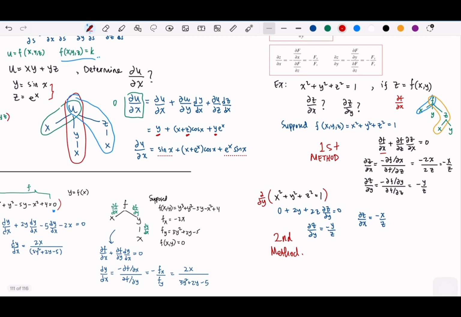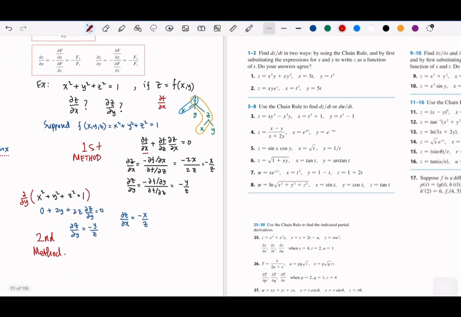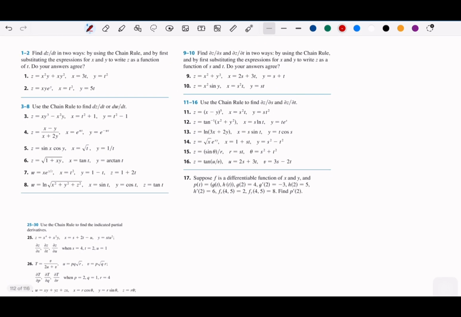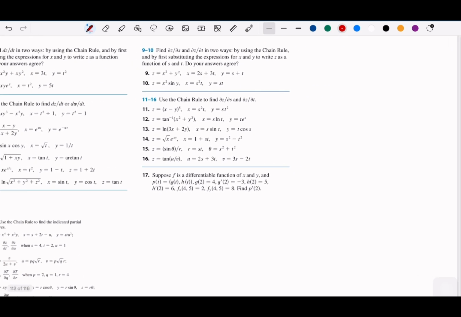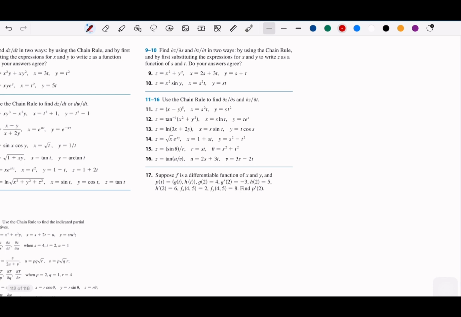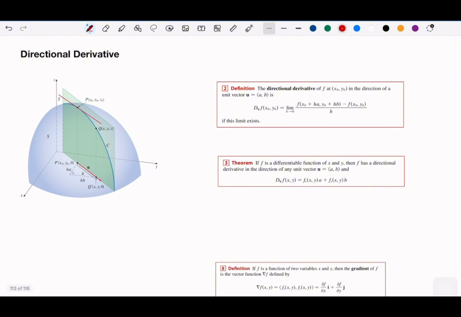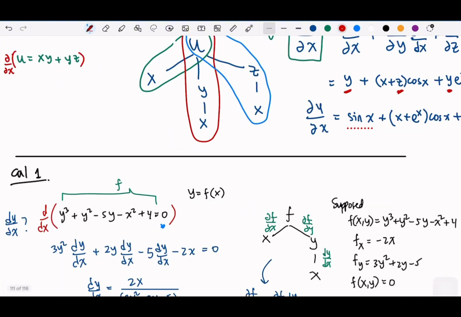So my goal this week is actually chain rule and directional derivative. So let's just go through these two topics. Okay. This is some of the examples that we can practice, but I will hold this for next week. Okay. So let's go to what we call the directional derivative.